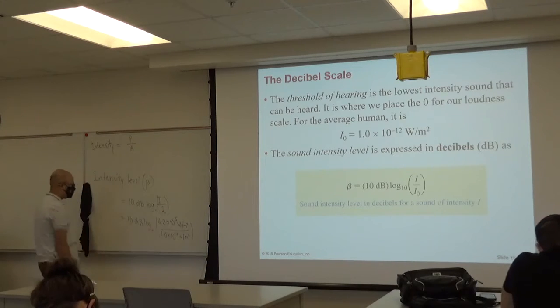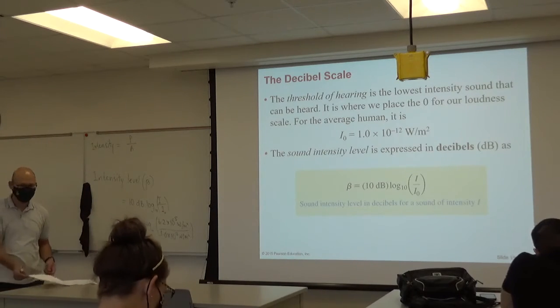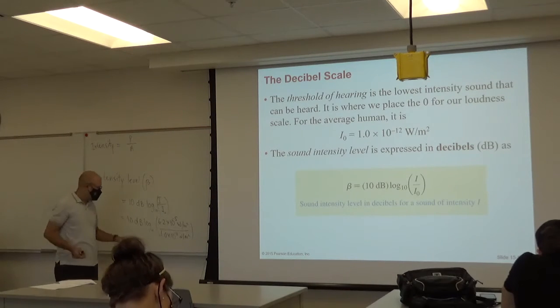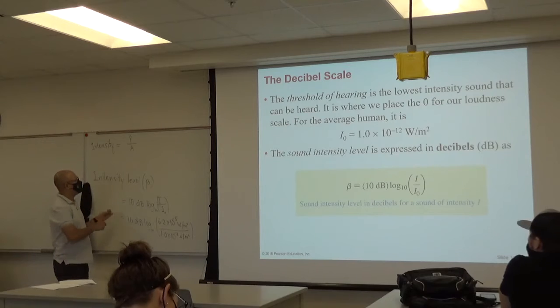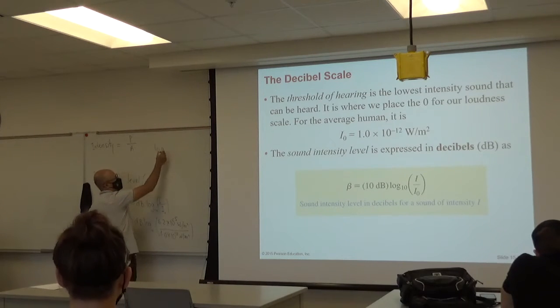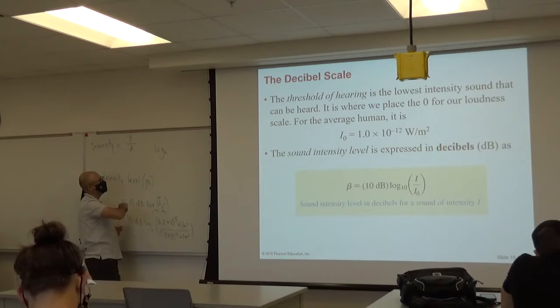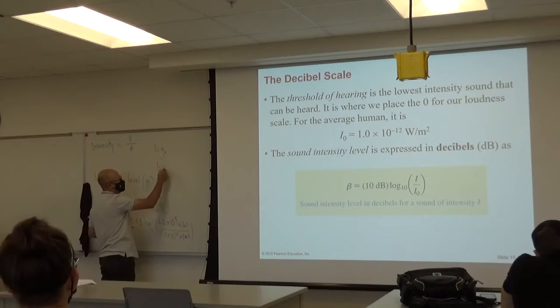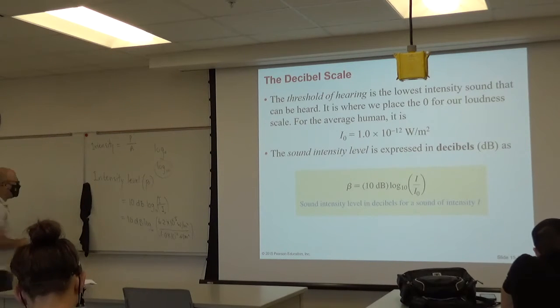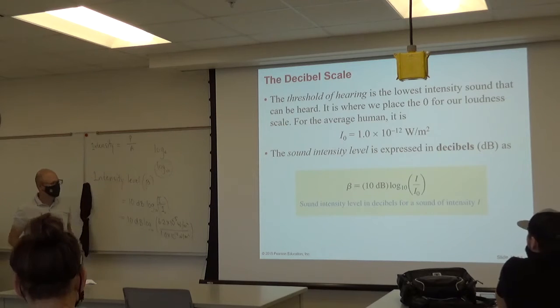So you do the calculation. When you use your calculator, there are 2 options for this log. You may see log in base e, exponential, or log in base 10. I want you to use the base 10 one, not log to the base e.